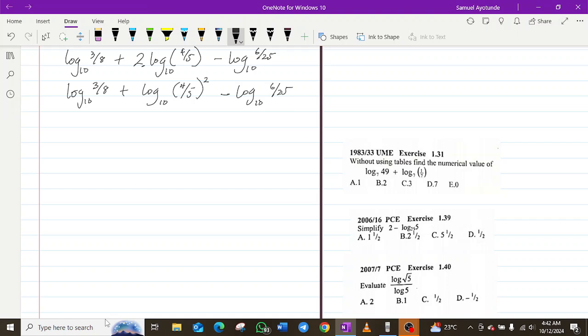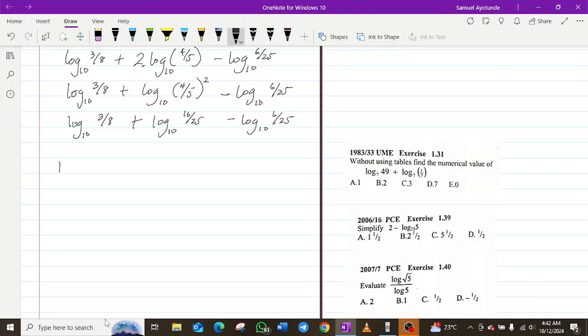So from here, we can simplify that. We have log 3 over 8 base 10 plus log, this will become 16 over 25 base 10, minus log 6 over 25 base 10.